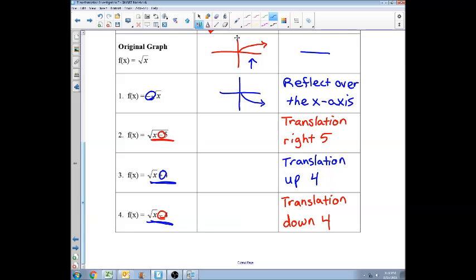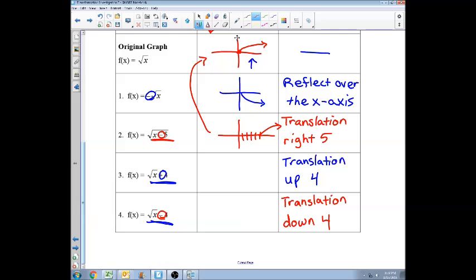What about number 2? Well, number 2 is also based off of my original, and it's going to translate right 5. Well, my original started at 0, 0, so I'm going to move 1, 2, 3, 4, 5 to the right. Start at 5, 0, and move up and out.